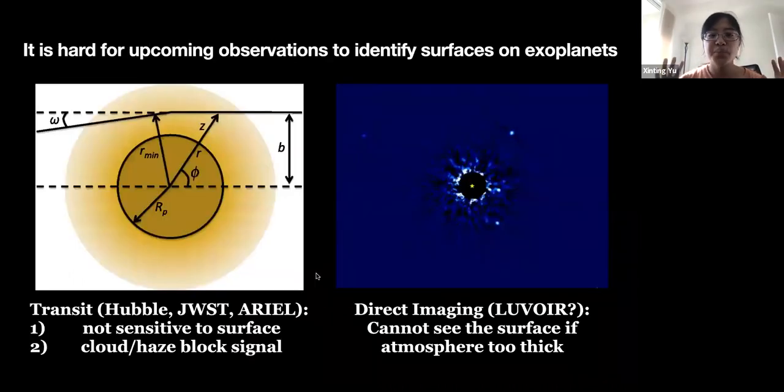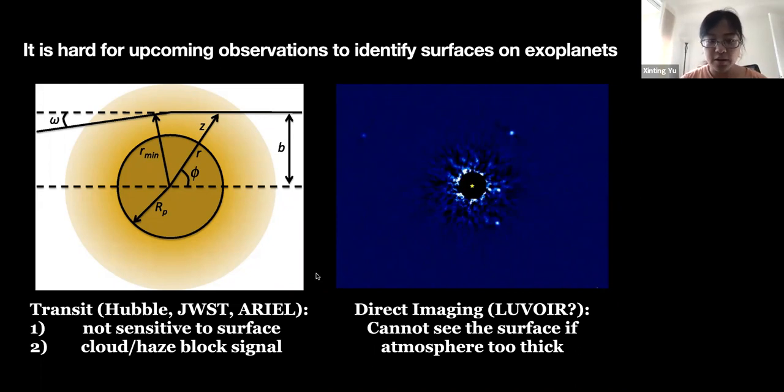All right, but it's really hard to do, at least for upcoming observations. These are the two techniques that are pretty popular for exoplanet observations: transit and direct imaging. Transit is the big thing now, and it's going to be the big thing in the near future with Hubble, the James Webb Telescope, and soon the Ariel European mission.